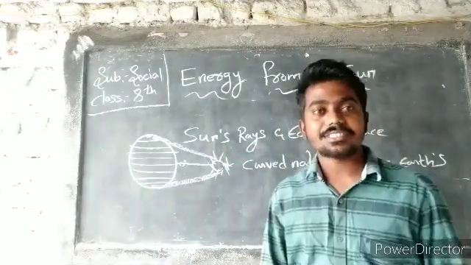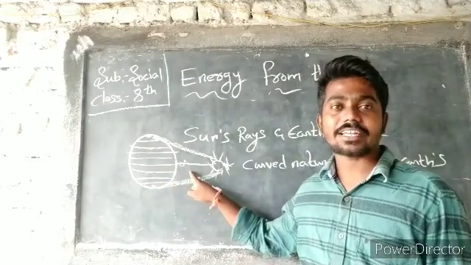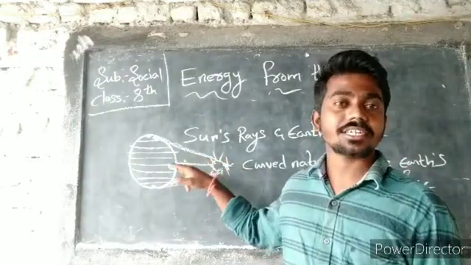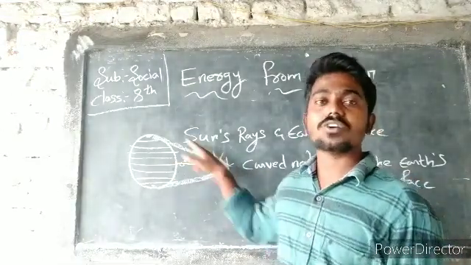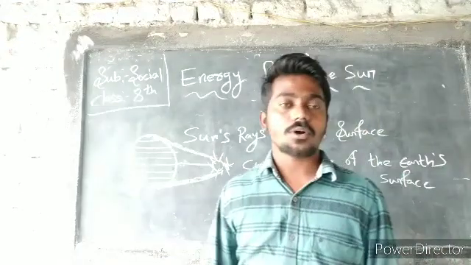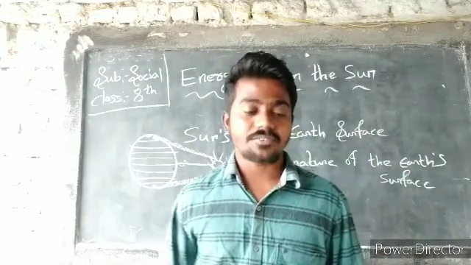That is why we are saying that in the equatorial region we have a lot of heat. If the sun rays fall at 90 degrees on the equator, they fall slantingly towards the poles. This is called angle of incidence.